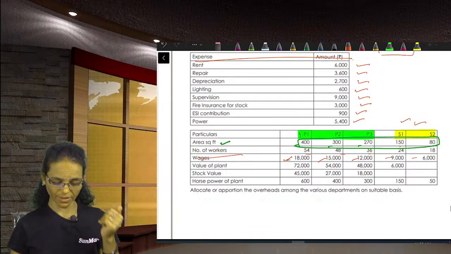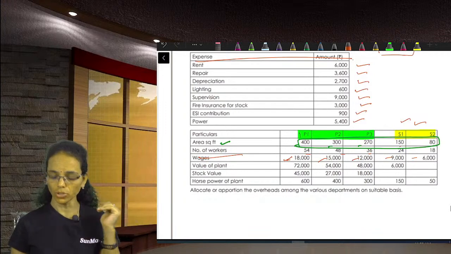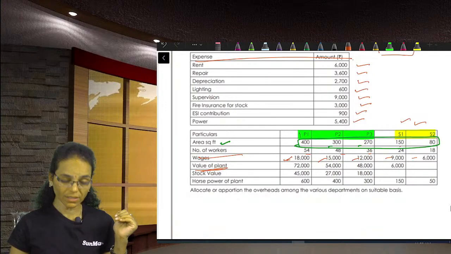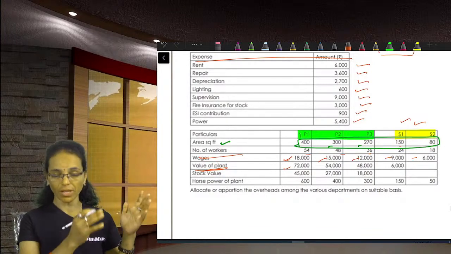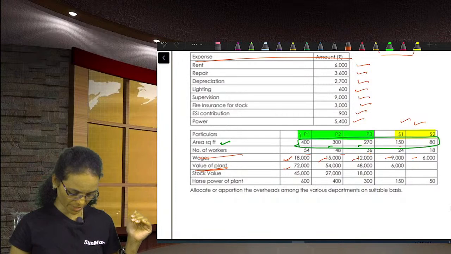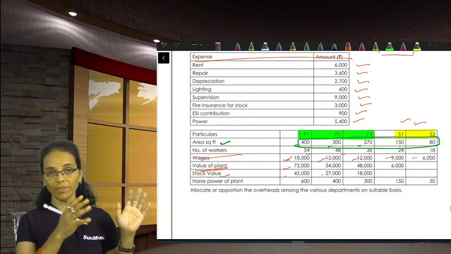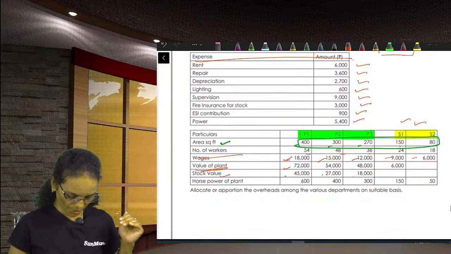The number of workers is also given, employed in each production department and in the same manner in service department 1 and service department 2. Wages are also given, in which department what wages we are paying.